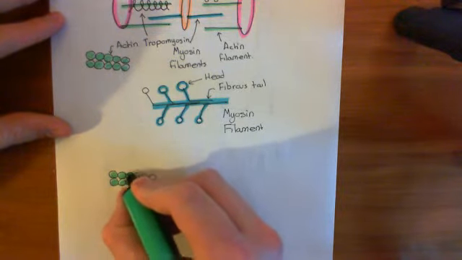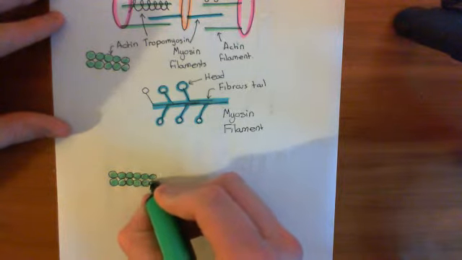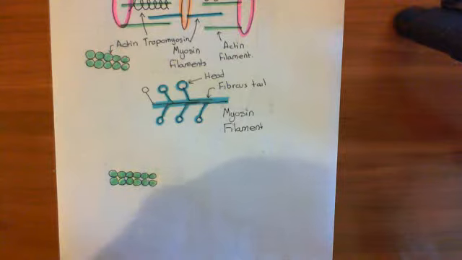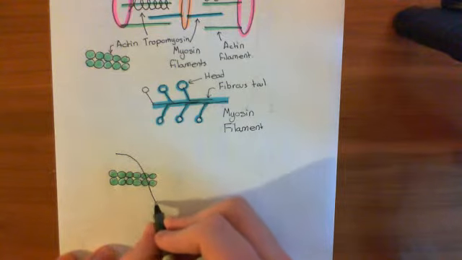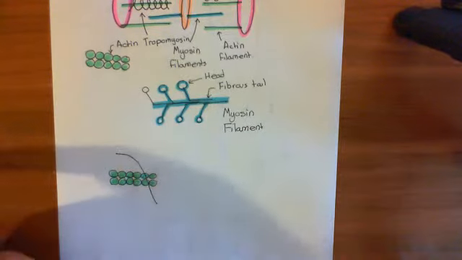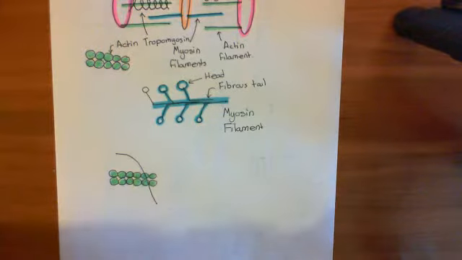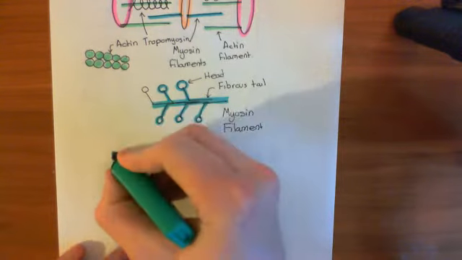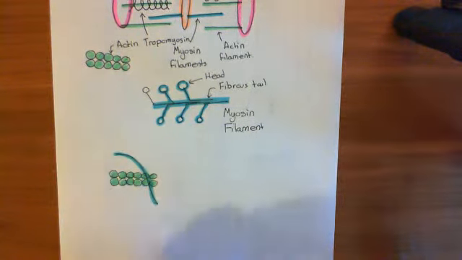The tropomyosin winds around this actin filament and is held in place by another protein called troponin. So here is our tropomyosin wrapping around. We'll have this drawn in blue here. Actually, no, not blue, because we've been using blue to denote the myosin filament. So here's our tropomyosin in turquoise.